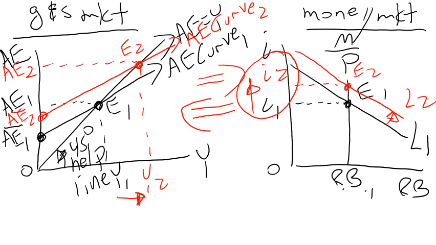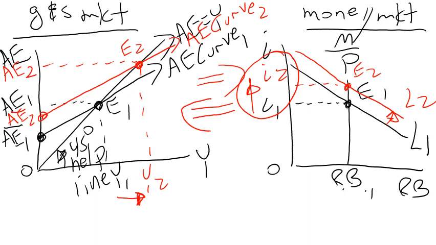Given the higher level of exchange rates, exporters would be hurt by these higher international prices. So exports would decrease. So again, what started in the goods and services market eventually was transmitted to the money market, and then from the money market back to the goods and services market.